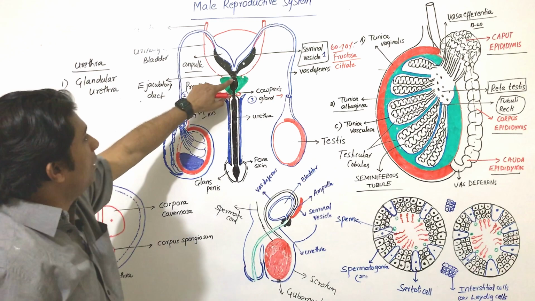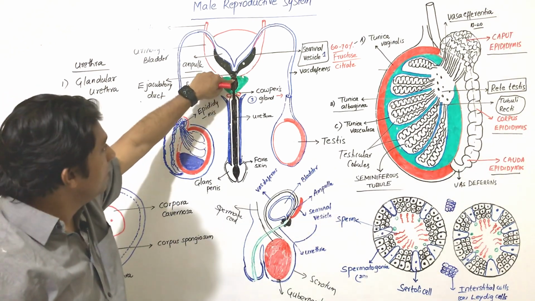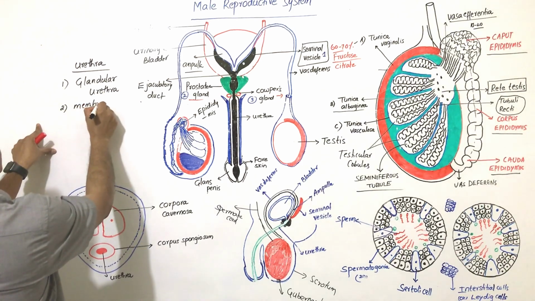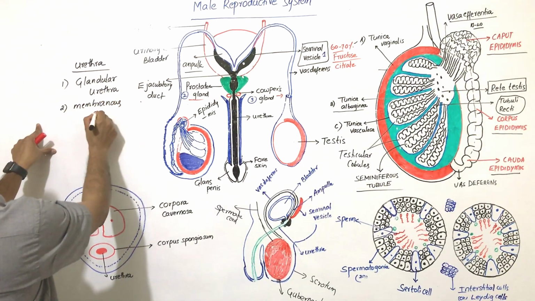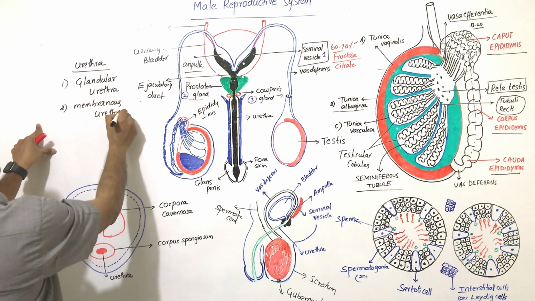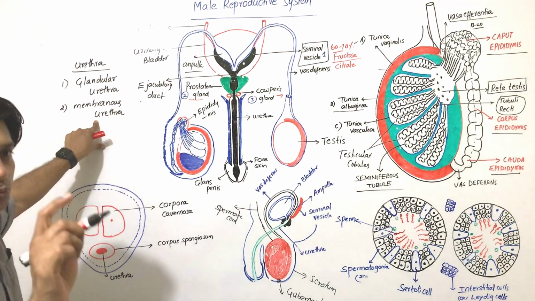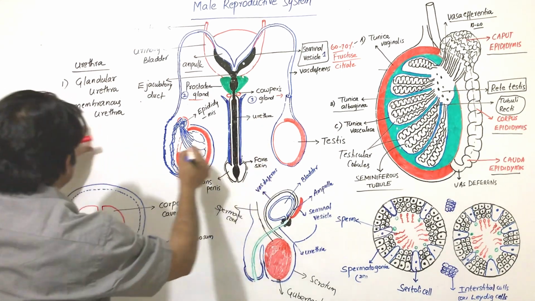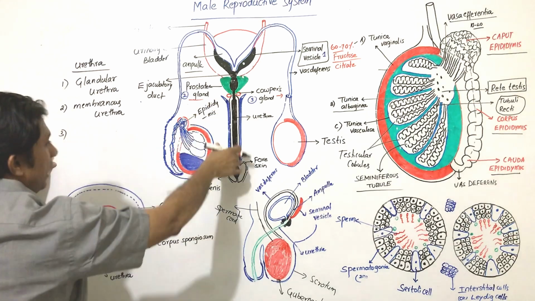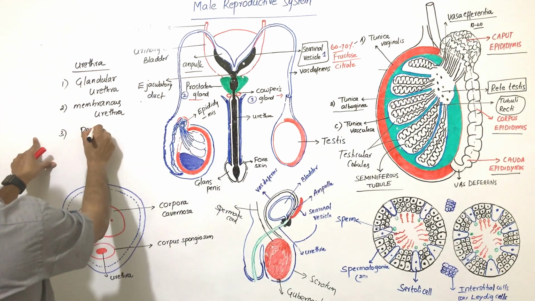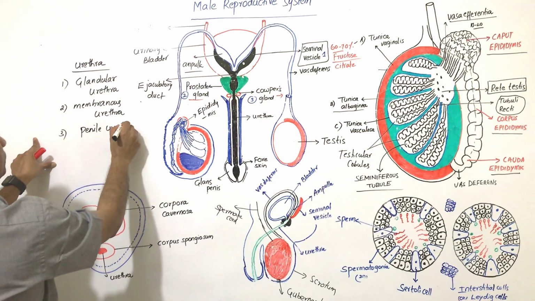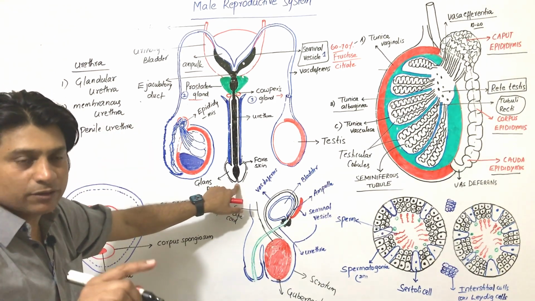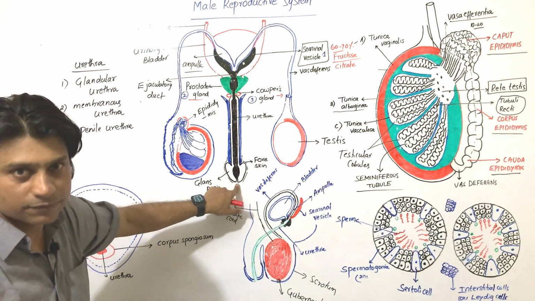This glandular urethra is the prostatic urethra. Then it is membranous urethra. Membranous urethra is the smallest part of the urethra. Then the remaining entire part of the urethra which runs all along the length of the penis is called penile urethra. And this opens at the tip of the penis as urethral or urinogenital orifice.